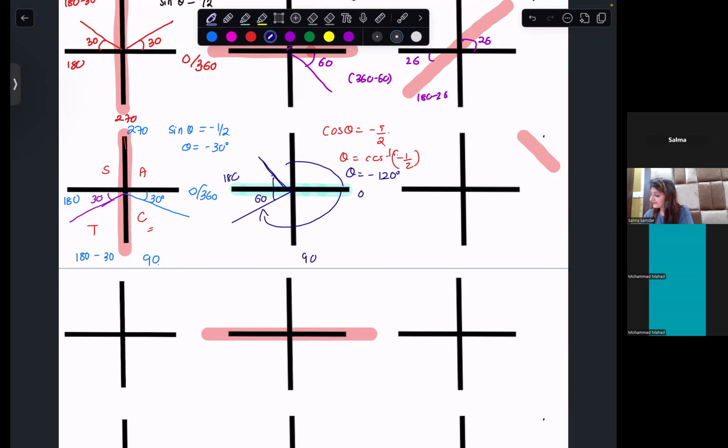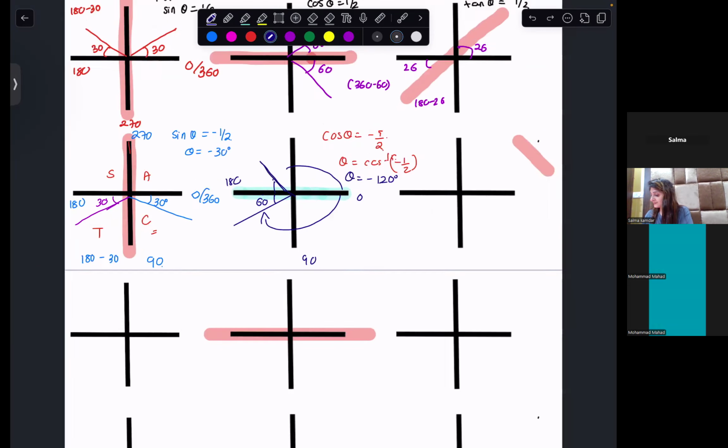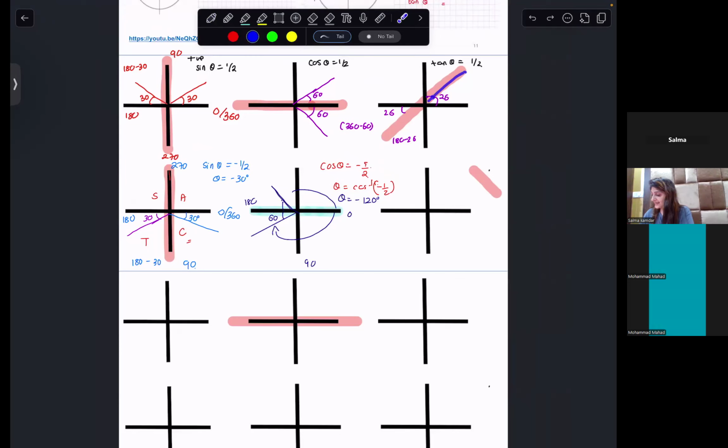And the tan. If the tan was like this for positive, where do you think it will be for negative? For negative, it's going to be in the second and the fourth quadrant. If you take the CAST rule, where is tan negative?